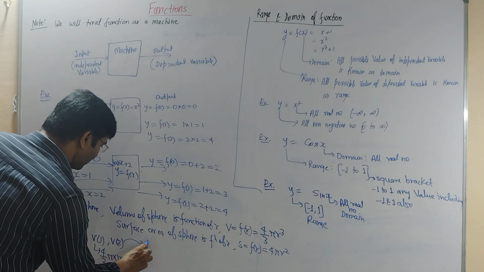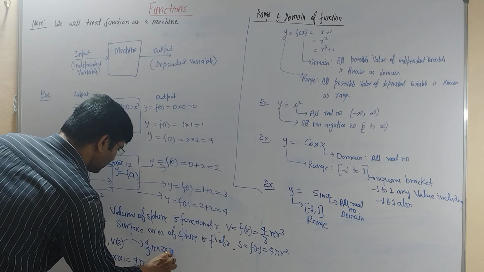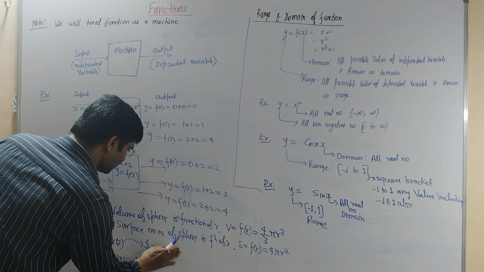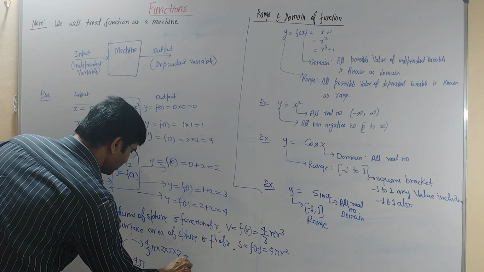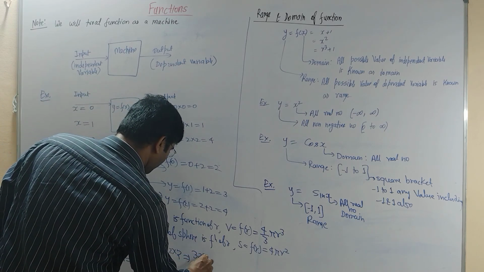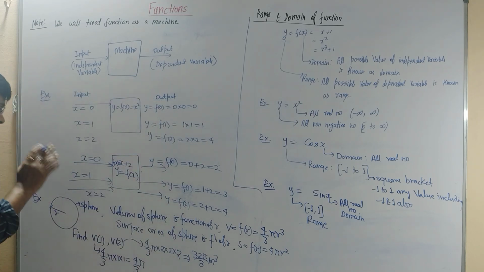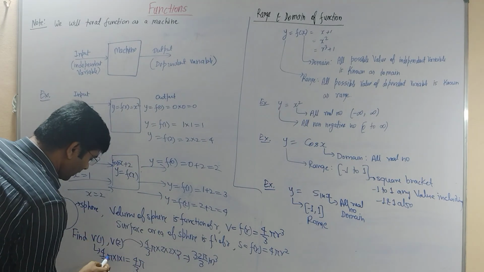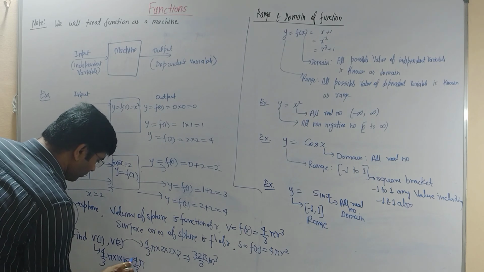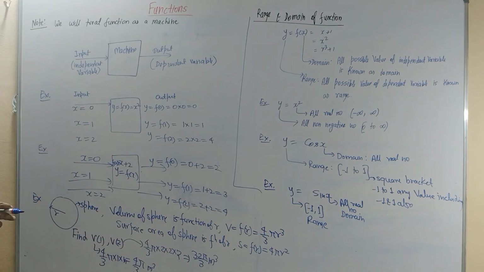If I am taking this one, so 4 by 3 pi into 2 into, sorry, it is cube. So this will be 2 into 2 into 2, 8, 32 pi upon 3, and unit is meter cube if radius is given in meter. Okay, this will be again 1 into 1 into 1, so it will be 1 only, so this is meter cube. So this is volume, how volume is defined.